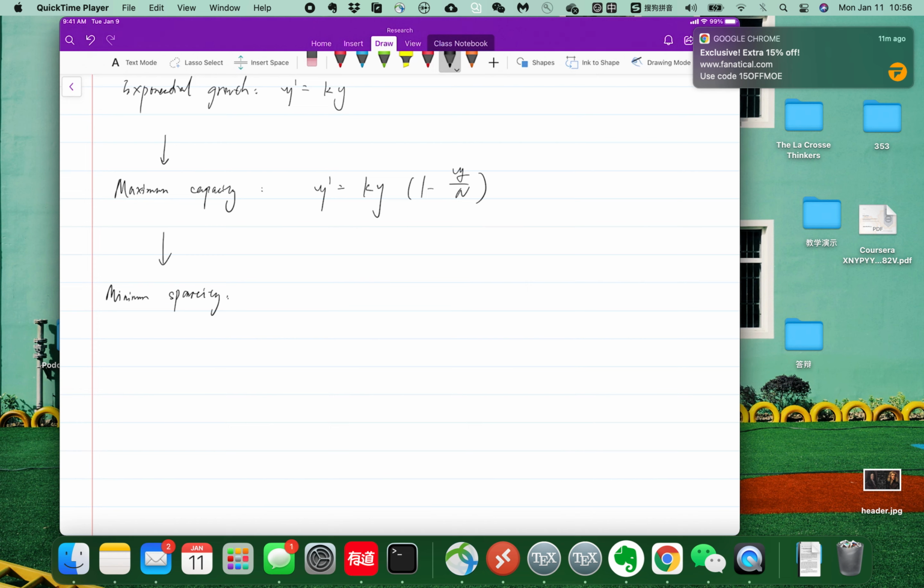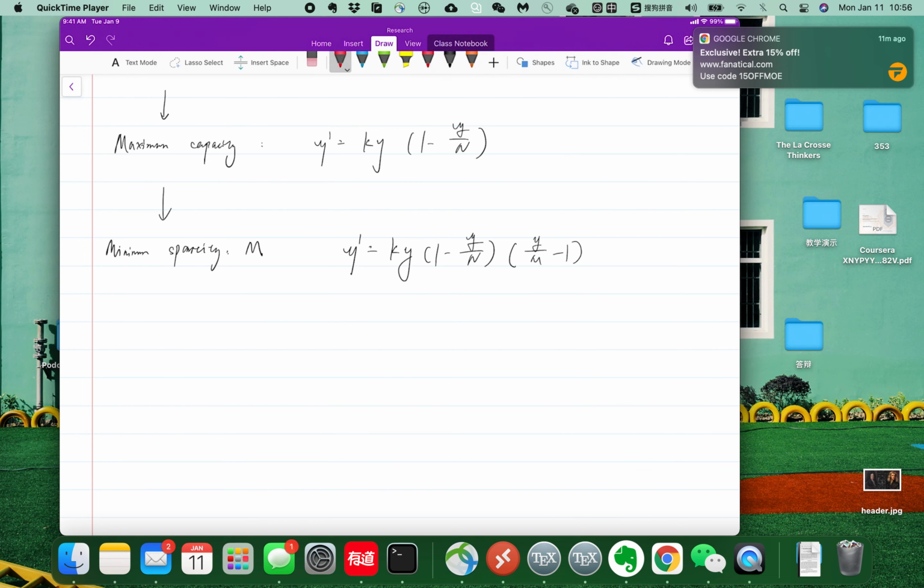So if the species needs a sufficient number of population to start with, otherwise they die out. This is called minimum sparsity, which is called M. Then you can modify the differential equation to be this. You still have the adjustment for the limit, but also you add one more term, that is y over m minus 1.